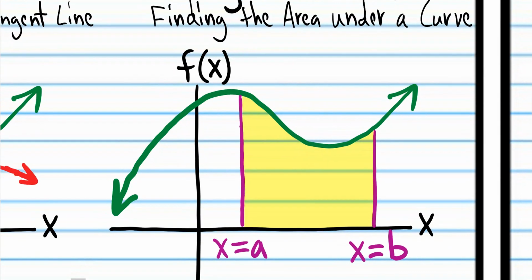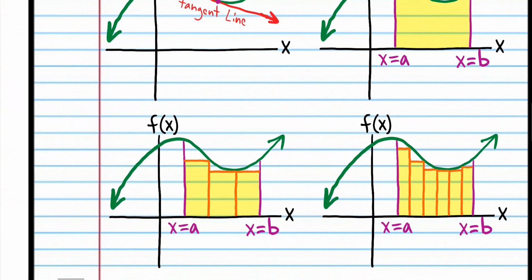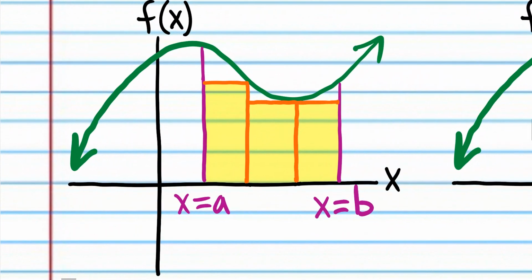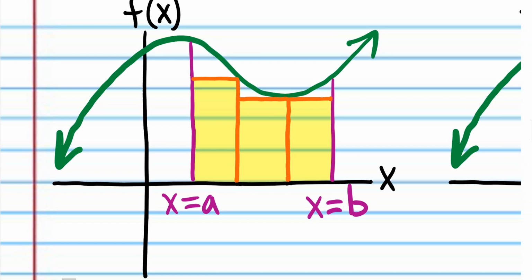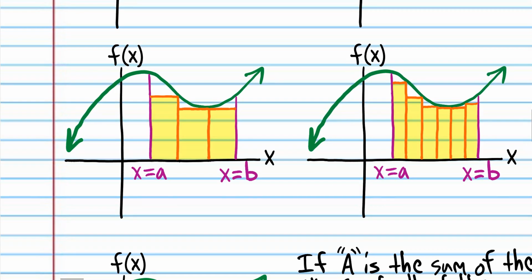So what mathematicians do is they try to estimate the area under the curve by using rectangles, but that's just an estimate. We have these spaces in here which are going to result in an underestimation of the area under the curve. But what we can do is we can double the number of rectangles, as you see at the right.